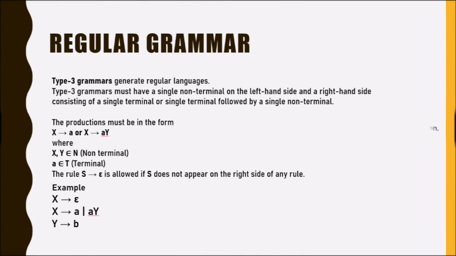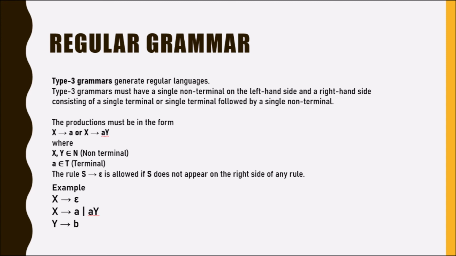Now let's talk about the regular grammar. The type 3 grammar generates regular languages. It is the most restricted grammar. The type 3 grammar must have a single non-terminal on the left hand side and the right hand side consisting of a single terminal or single terminal followed by a single non-terminal.